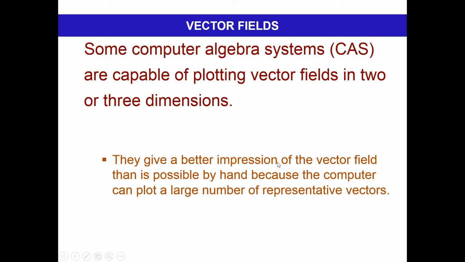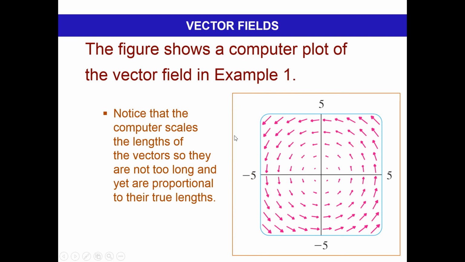They give a better impression of the vector field than is possible by hand, because the computer can plot a large number of representative vectors. So this figure shows the computer generated vector field, and notice that the computer scales the length of the vectors, so they are not too long and yet are proportional to their true length.